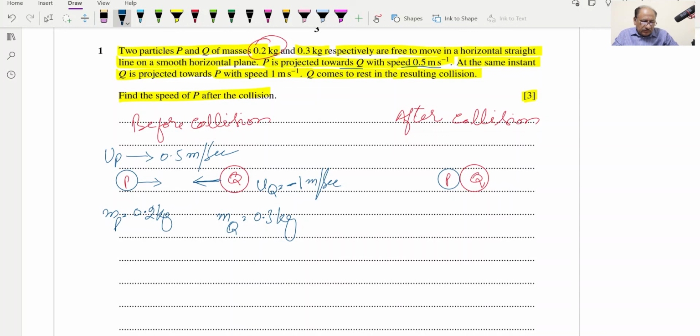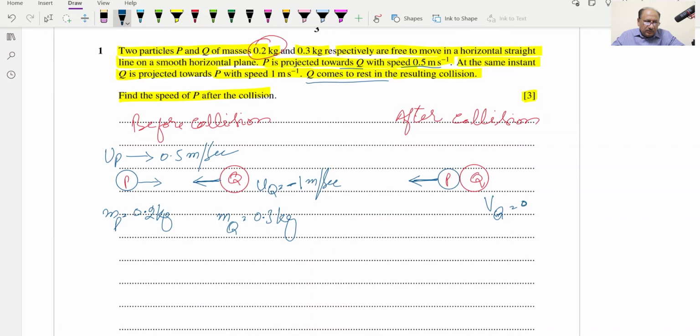So this is the situation before collision, and after collision they are saying that Q comes to rest. So VQ will be equal to 0, and velocity of P will be in the opposite direction. This velocity of P after the collision is what we need to find.